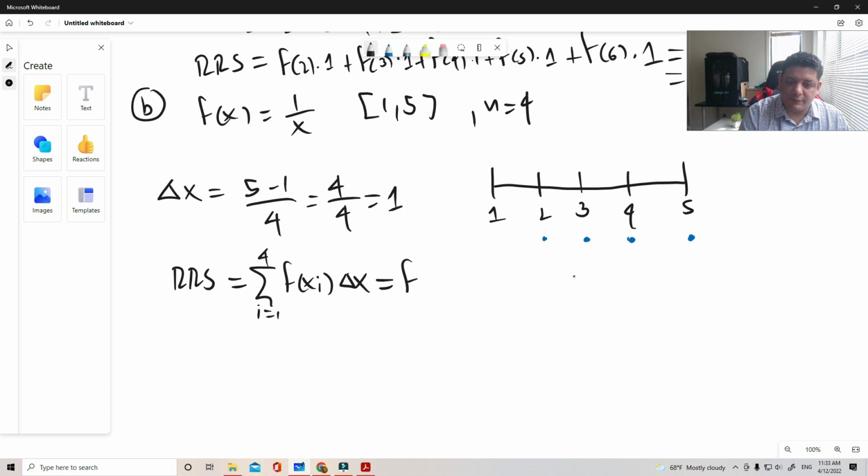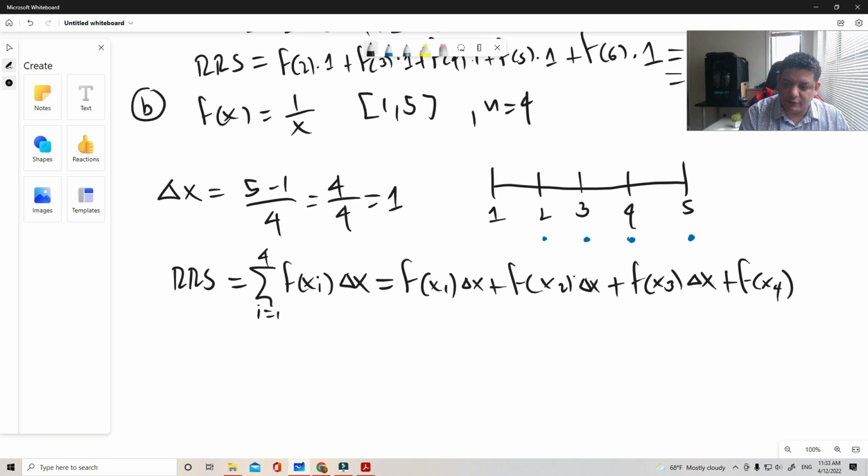So we're going to have f of x1 times delta x, f of x2 times delta x, f of x3 times delta x, and f of x4 times delta x. And notice that in this case, we're going to be calling this x0, x1, x2, x3, x4. So you get a little bit of an idea what we are doing with the notation.